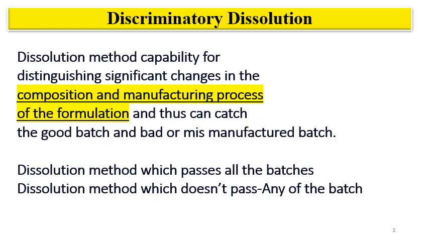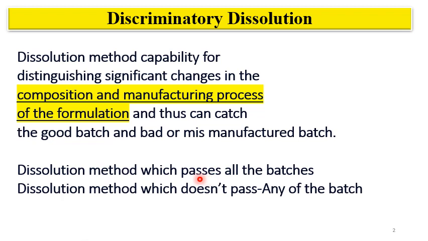Discriminatory dissolution means the capacity or capability of the dissolution method to distinguish the significant changes in the composition and manufacturing process of the formulation. Due to this capacity, the discriminatory dissolution method can catch the good batch and the bad or mismanufactured batch.